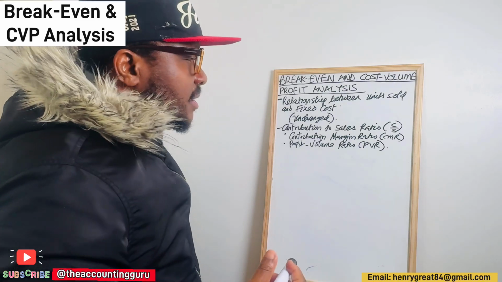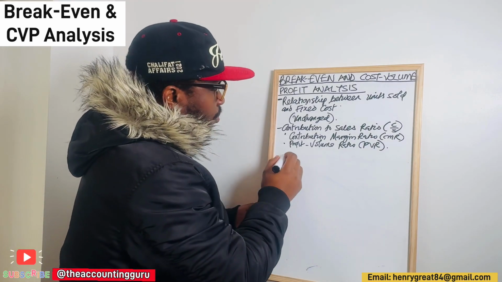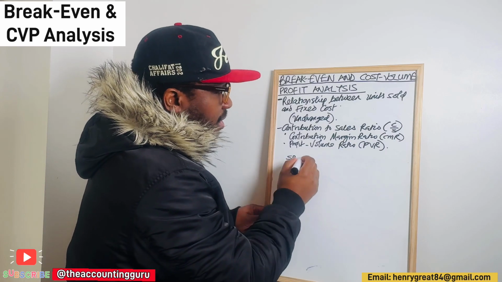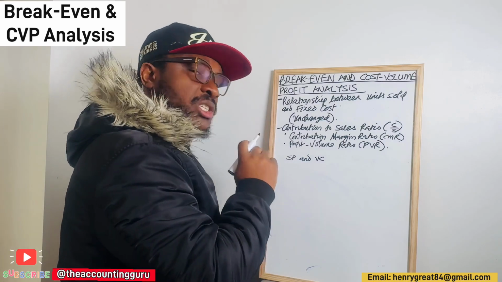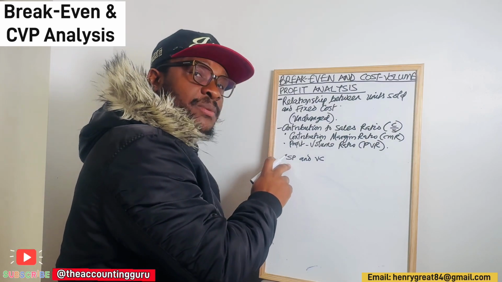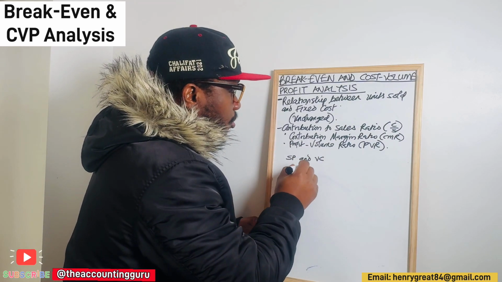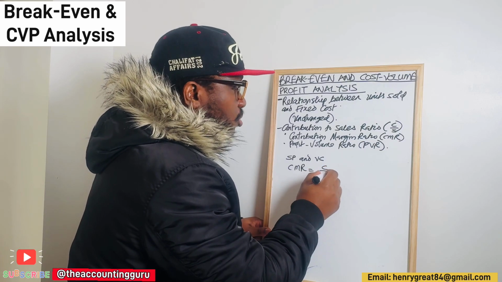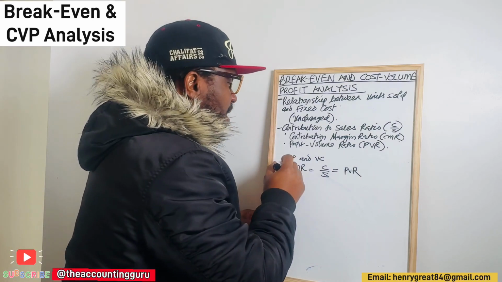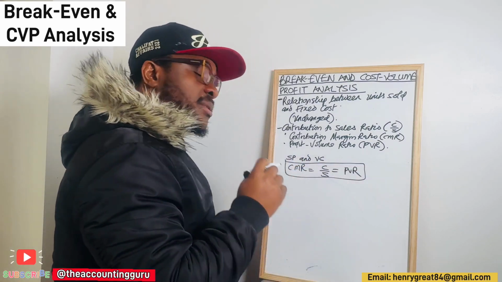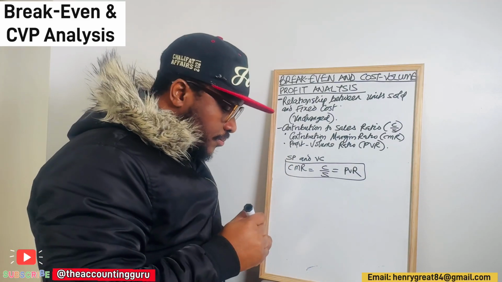What this means is that as long as there is no change in selling price per unit and variable cost per unit, CMR, which is the same thing as contribution to sales ratio or PV ratio, is not expected to change at any given sales level.